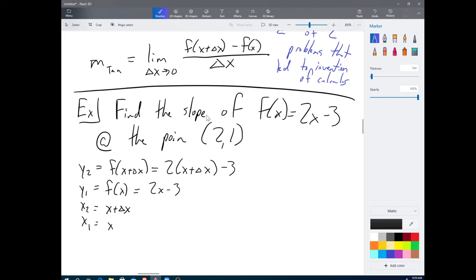And conveniently, there's not too much you have to do because your x's are already simplified. And your y1, technically, you just copy that down. But your y2, of course, takes just a little bit more work.